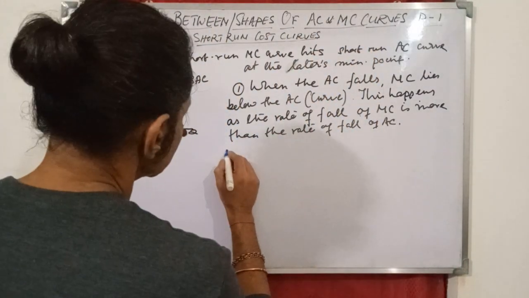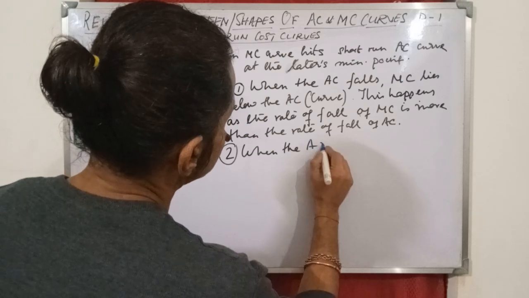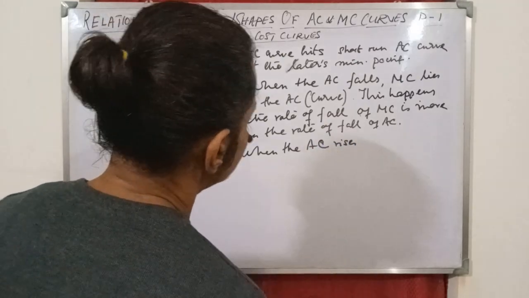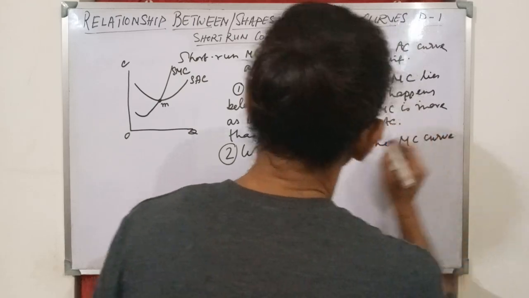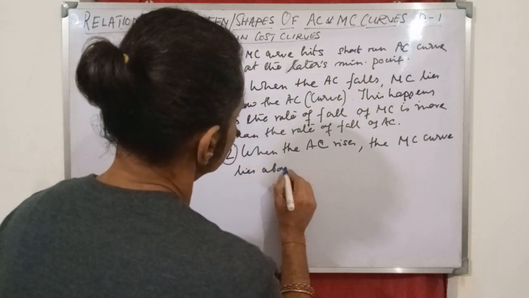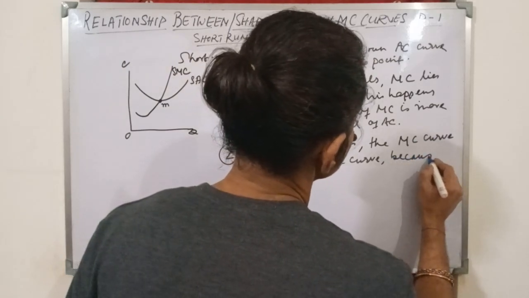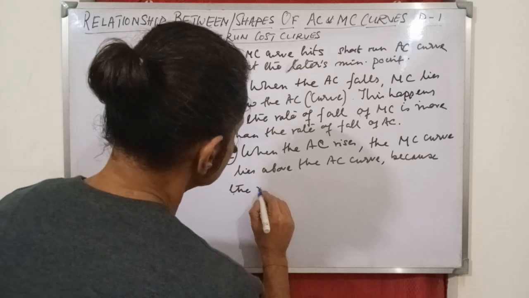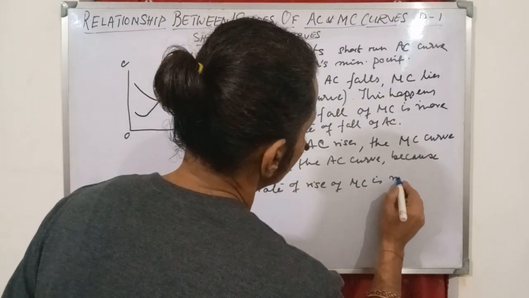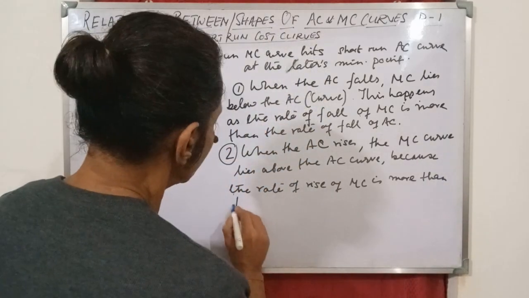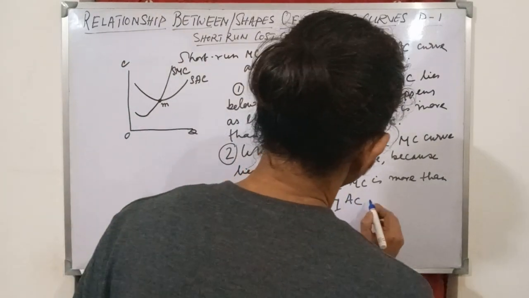And what is the second hypothesis? The second one is, when the AC rises, when the average cost rises, the MC curve lies above the AC curve, because the rate of rise of MC is more than the rate of rise of AC.